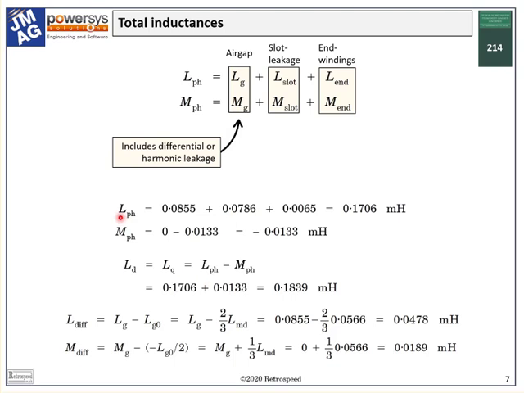We're going to calculate LG by an approximate method. We've already calculated the air gap inductance LMD, but that accounts for only the fundamental space harmonic component.